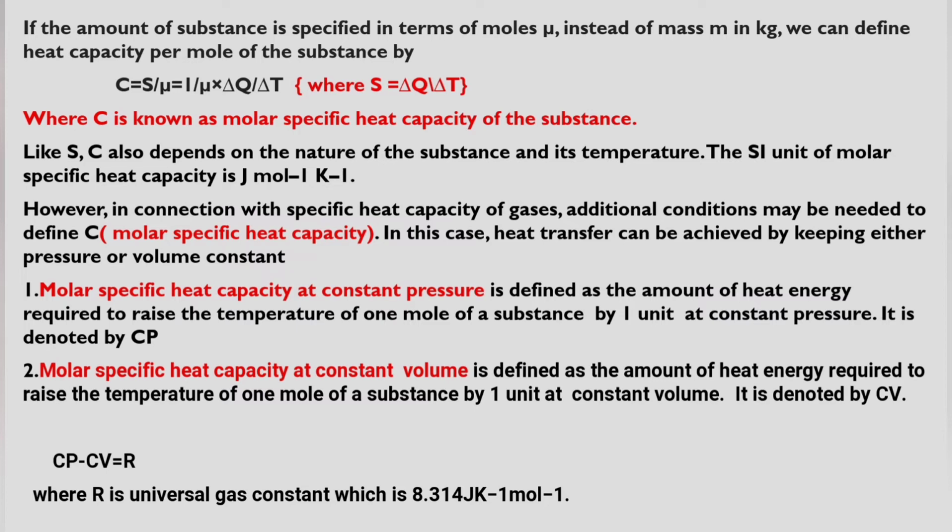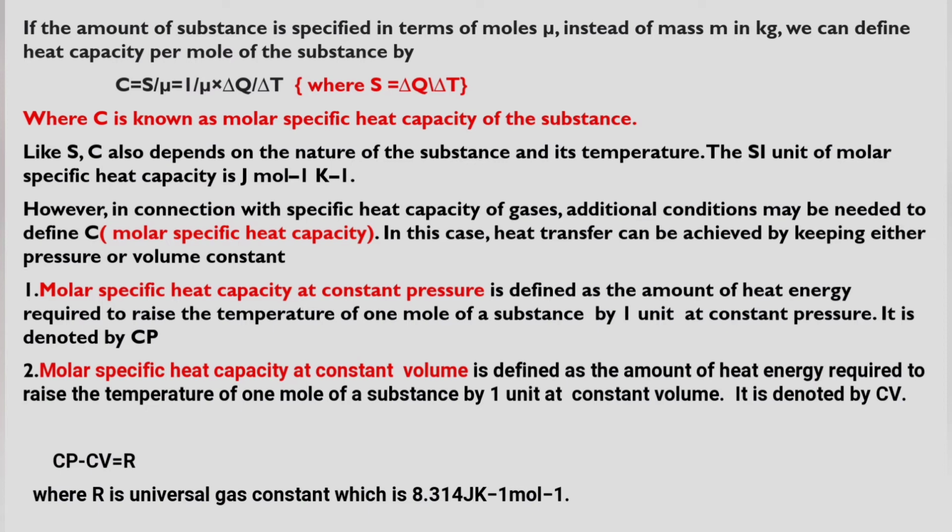Since the capital S is the heat capacity, we take delta Q upon delta T, so we get the equation C equals 1 upon mu into delta Q upon delta T, where mu is the number of moles. C is known as the molar specific heat capacity of a substance.